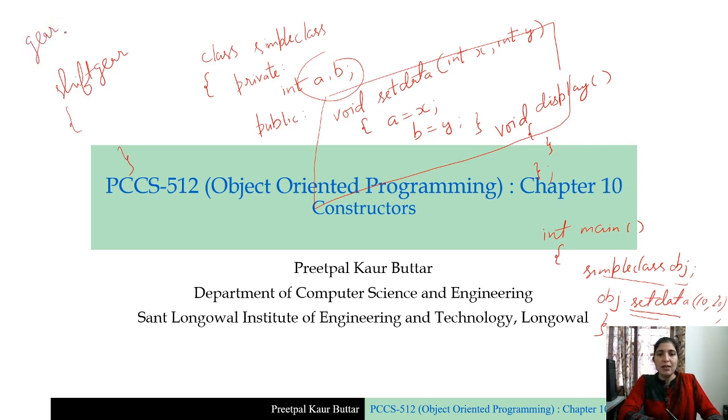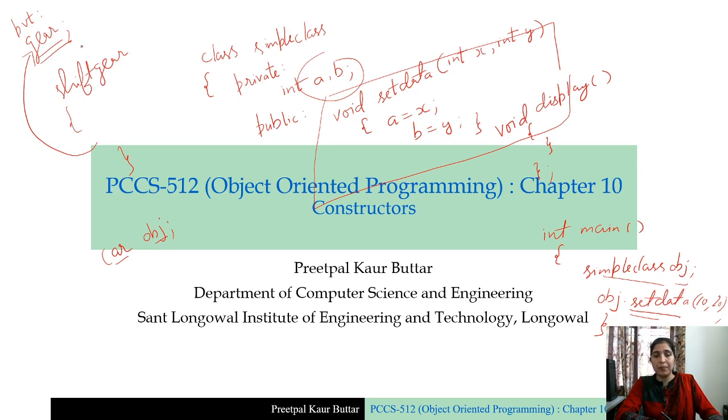When we create the object of this car, suppose car obj, gear is the private data member of class car, and shift gear is the function which operates on this variable gear. Suppose we create an object of class car, but we do not initialize gear.